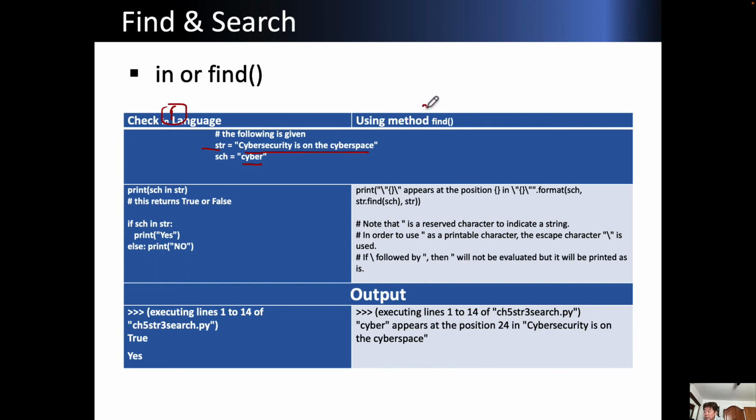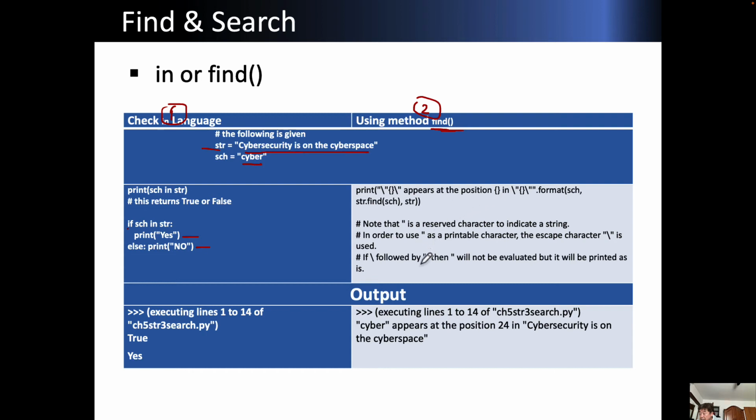The other one is using a method in Python, the find method. If the search keyword is in str, this is a branching statement, right? If cyber is there, then you can say yes, otherwise no. You can get this output.